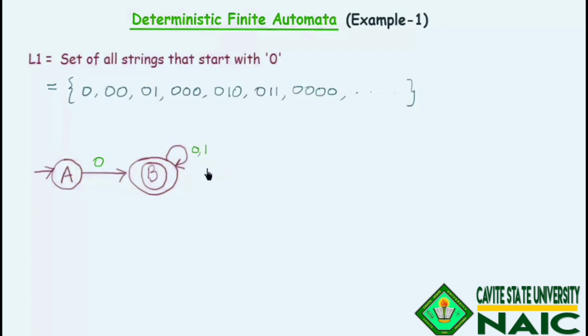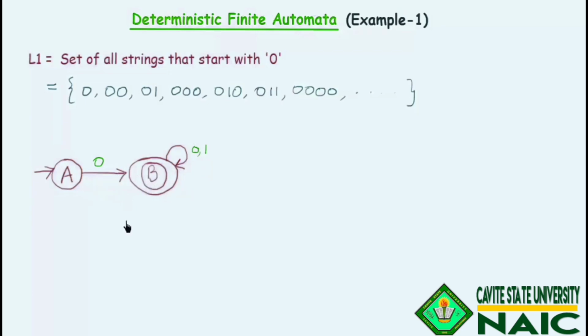What this means is that after reaching the final state B, whatever inputs you get after that, whether 0 or 1, it stays in the final state B itself. Because the string started with 0 and our only condition is to start with 0, after it reached the final state, it doesn't matter whether we get 0 or 1, it stays in the final state and should be accepted. I hope it was clear.